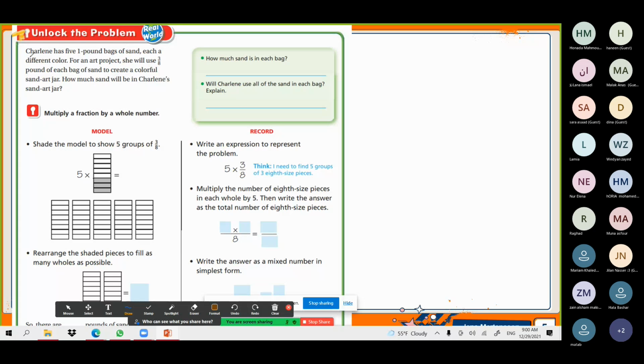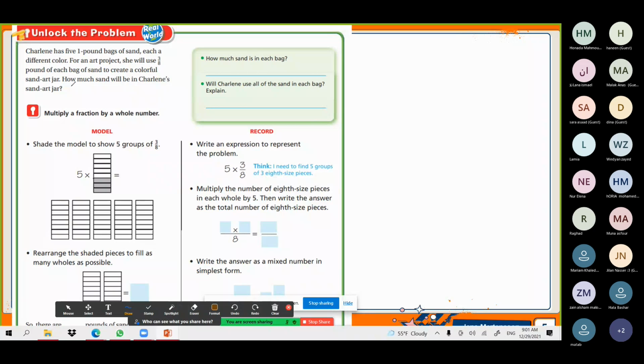Like this one here. Charlie has 5 1-pound bags of sand, each a different color. For an art project, she will use 3/8 pounds of each bag of sand to create a colorful sand art jar. How much sand will be in Charlie's sand art jar?